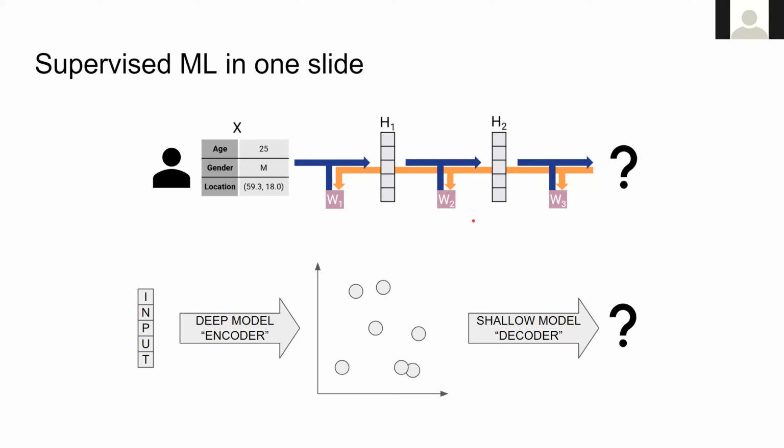And then after this, we have what we could term a shallow decoder, which is a simpler, smaller model, which takes this pre-computed information, takes these representations that already capture the key phenomena in the input, and very easily makes a prediction of whatever we are interested in from these already, let's say, pre-digested inputs.